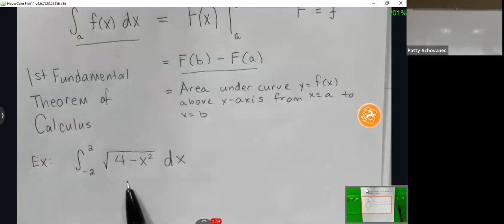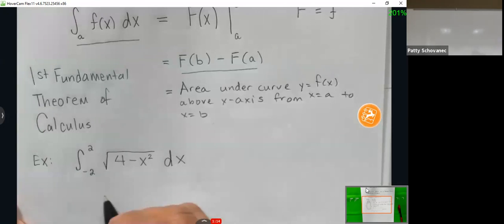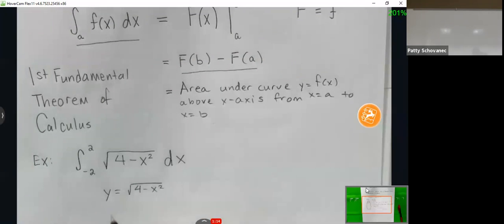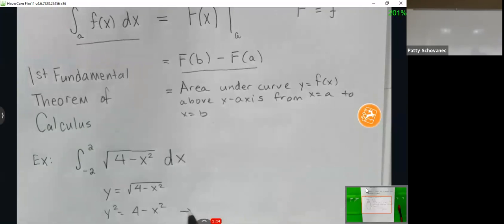What does the graph of y is equal to the square root of 4 minus x squared look like? Maybe you'll recognize it if I square both sides and then move the x squared over.